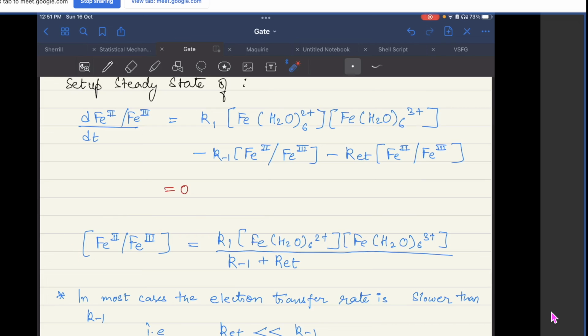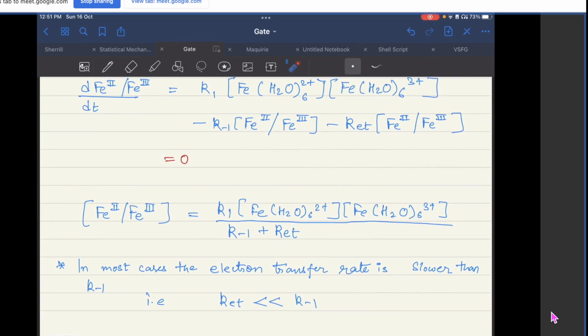Now you have to keep in mind that in most cases the electron transfer rate constant kET is much less than k-1.